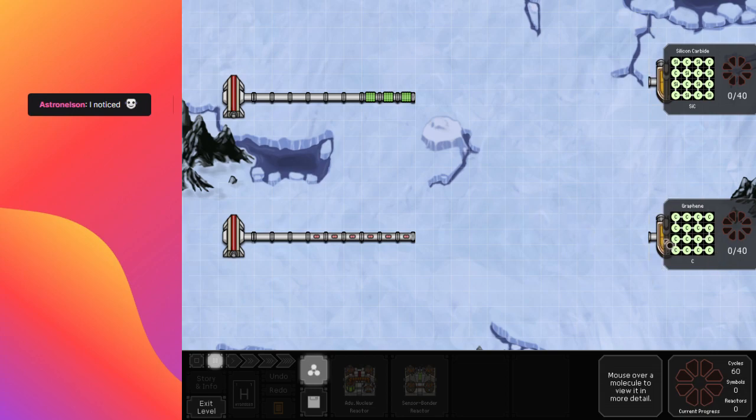If you count graphene, that's going to be 6 times 16, which is 96. And then this thing here is going to be 20 times 8, which is 160. If you add that to 96, you also get 256.